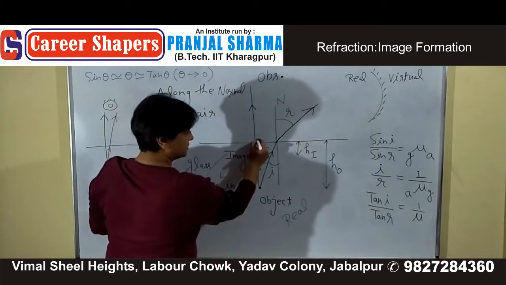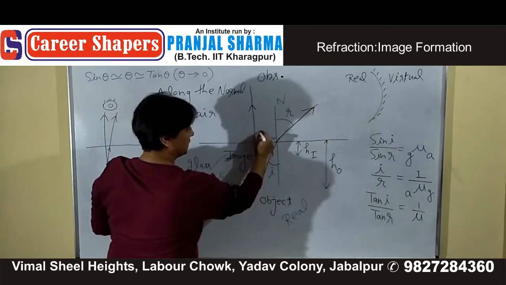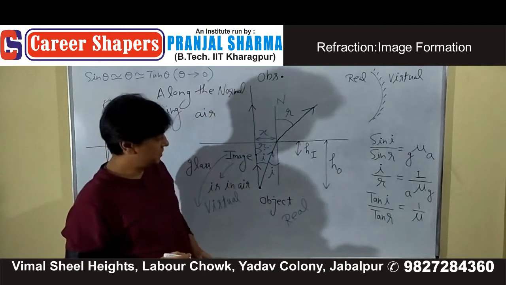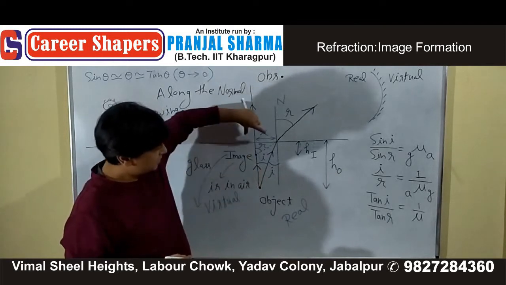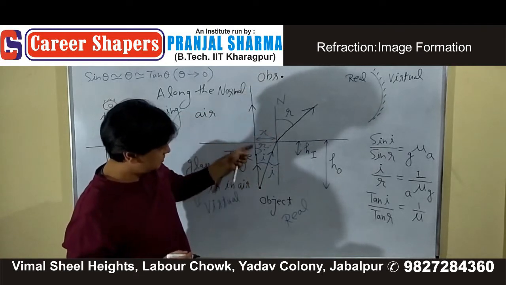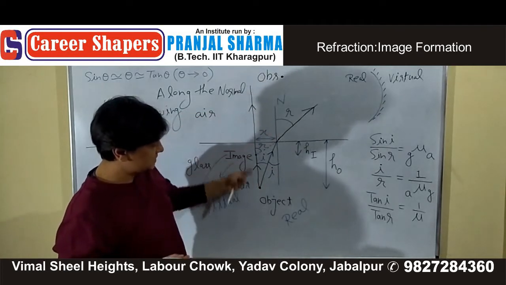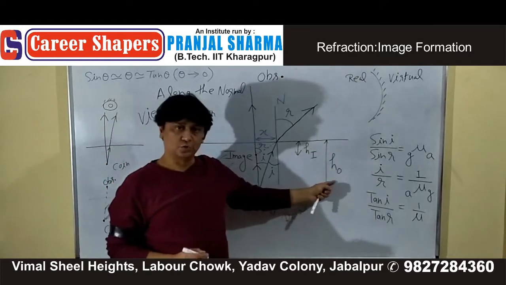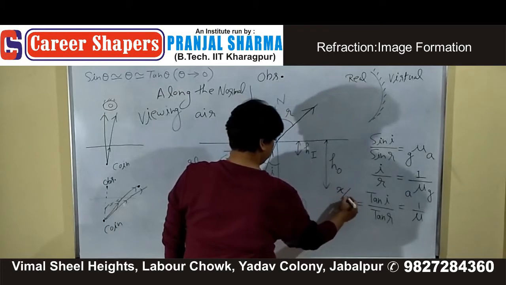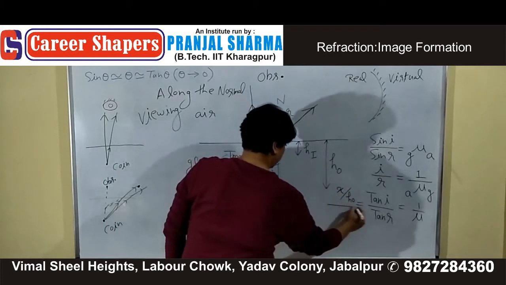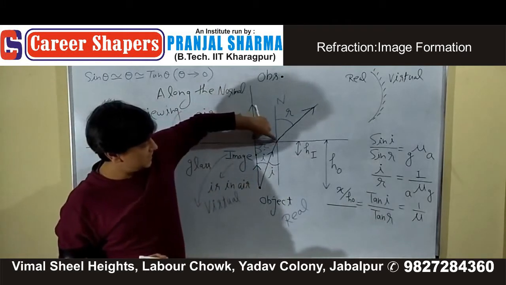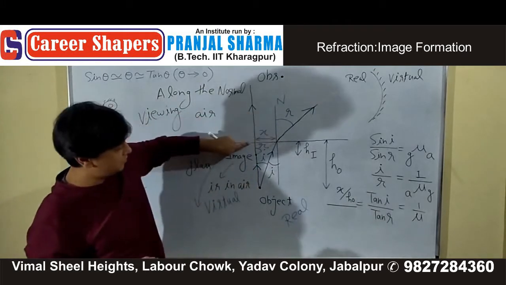Now, let's say this much portion is X. If this is X, what is tan I? What is tan of I? Perpendicular X upon base from this to this. What is the base? HO. This tan I becomes X upon HO divided by tan of R. What is tan of R? X perpendicular upon base.